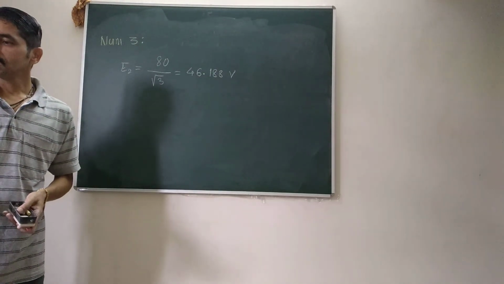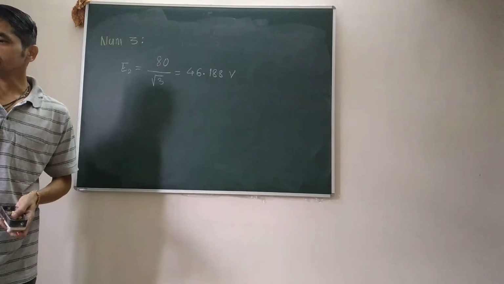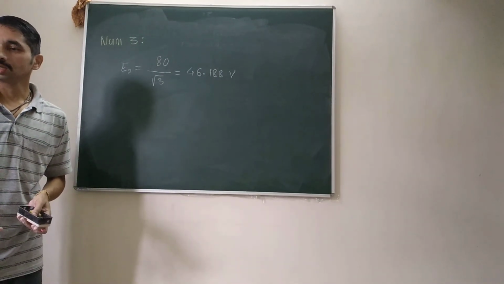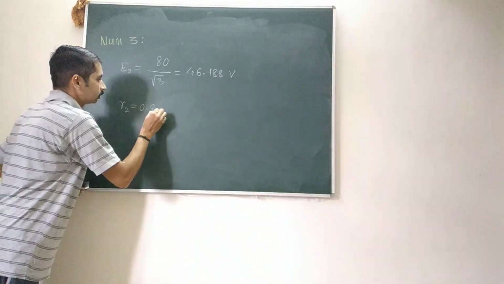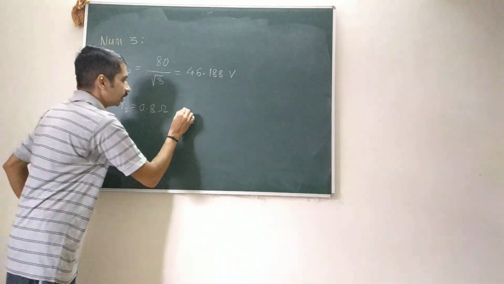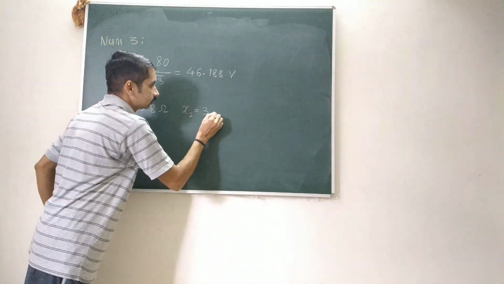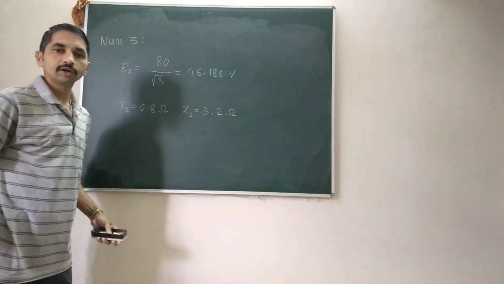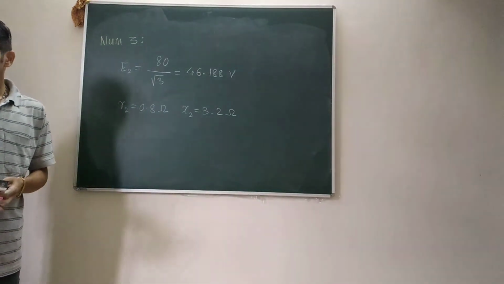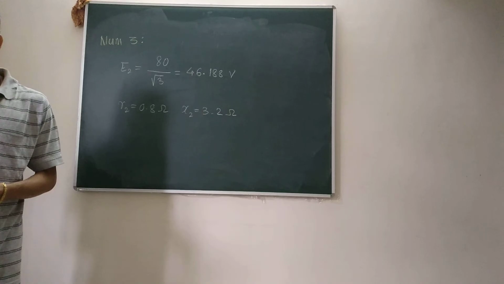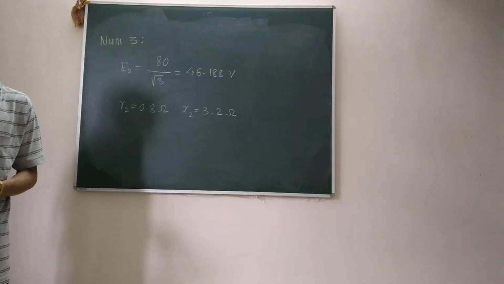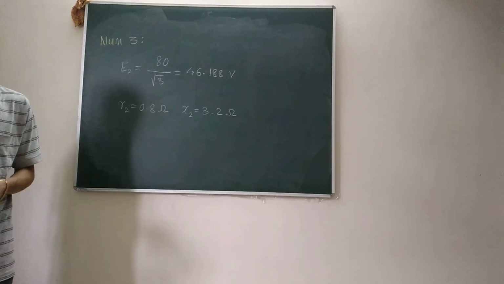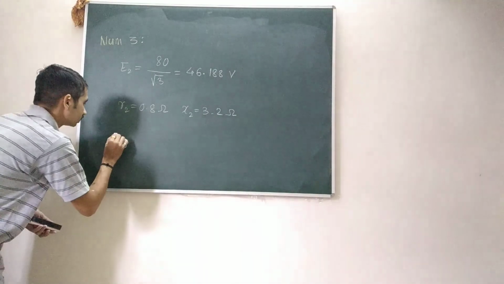Further, they have added that the rotor resistance and standstill reactance per phase are 0.8 and 3.2 ohm respectively. So R2 is 0.8 ohm, X2 is 3.2 ohm. Find the rotor current and power factor at the time of starting when the slip rings are short circuited and when the slip rings are further connected to a star connected resistor of 2 ohm per phase.